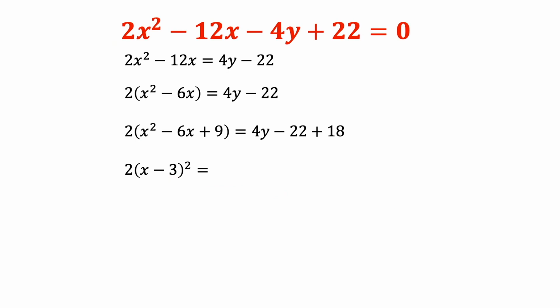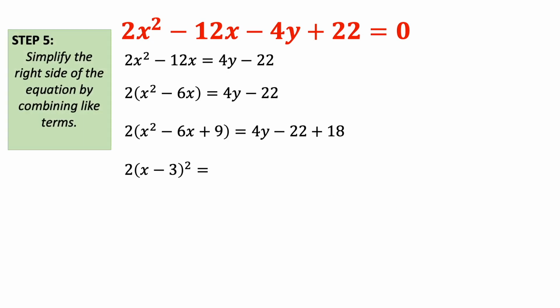In step number 5, we will simplify the right side of the equation by combining like terms. Negative 22 plus 18 is equal to negative 4.